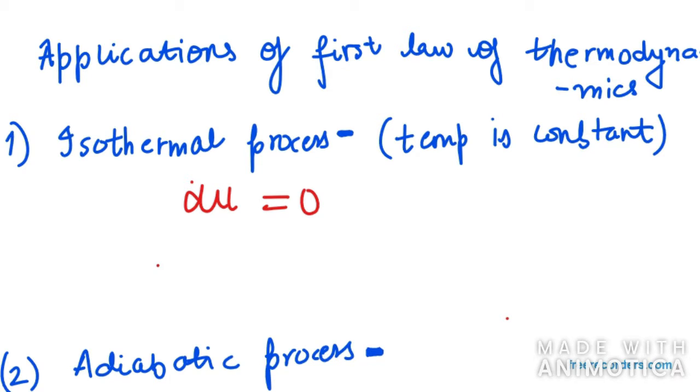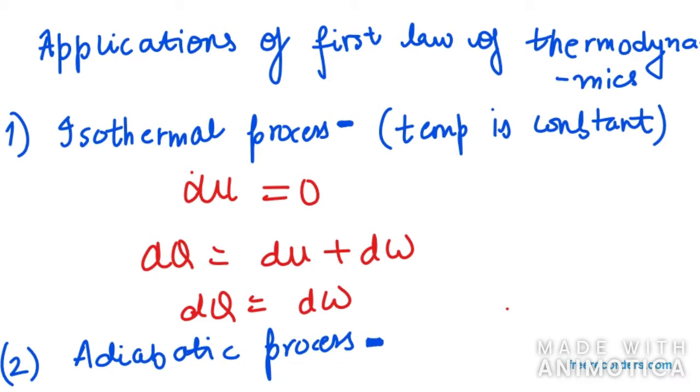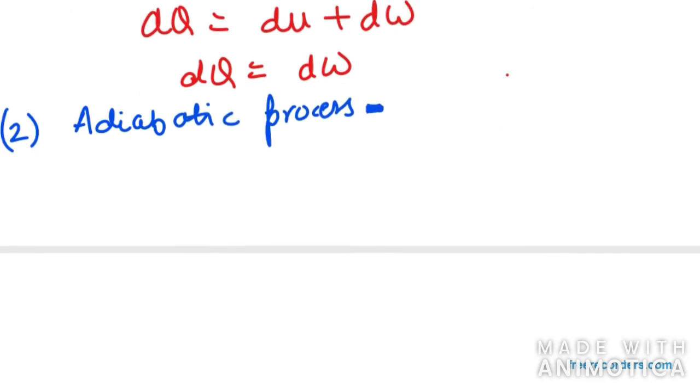So my first law equation will be dq equals dw. Heat supplied in an isothermal process is used to do work against the external surroundings because it is in positive form.